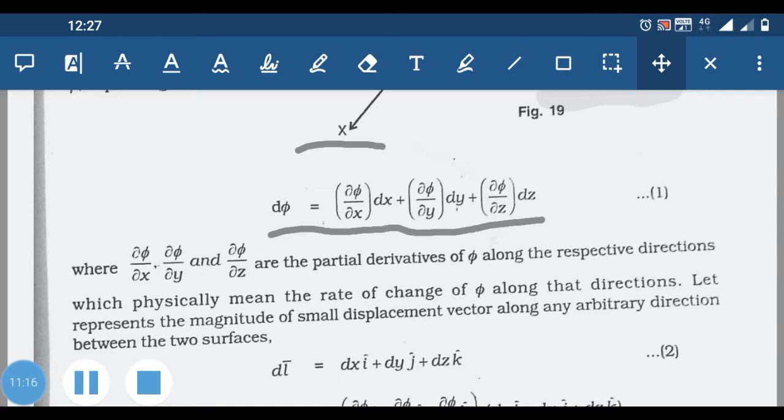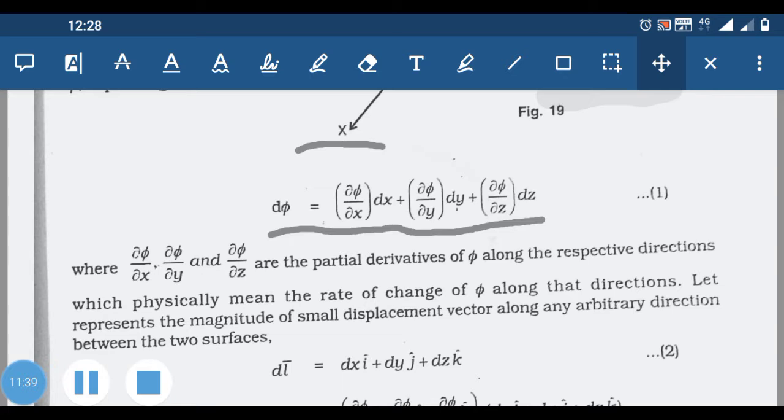It is nothing but the usual derivative, but in the partial derivative, all the quantities except the one with respect to which we are differentiating are treated as constants. Suppose phi is equal to 3xy.